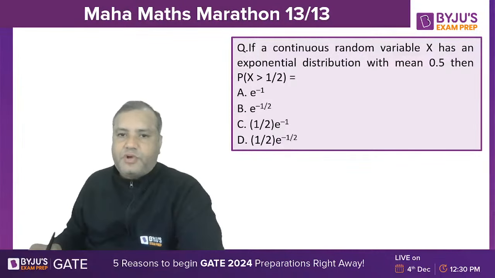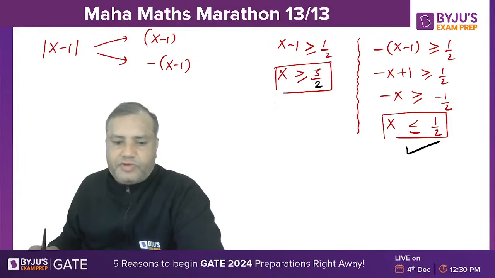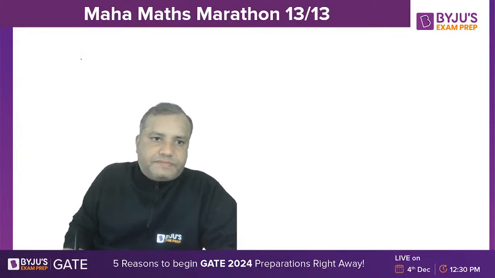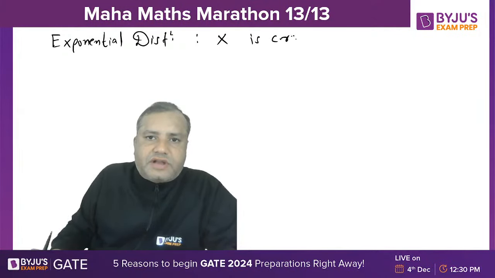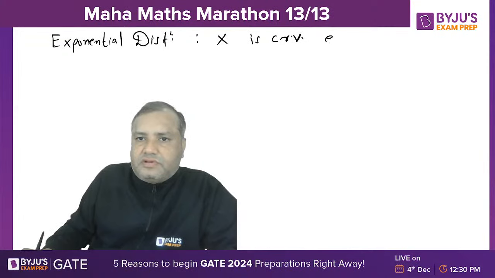Now here comes the exponential distribution. Let me give you a quick recap. For exponential distribution, capital X is a continuous random variable which is exponentially distributed.